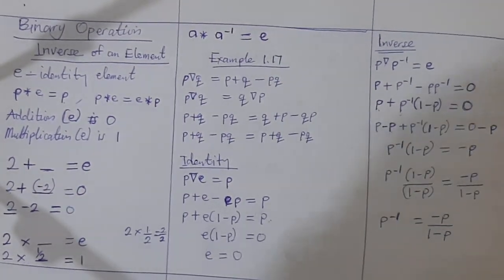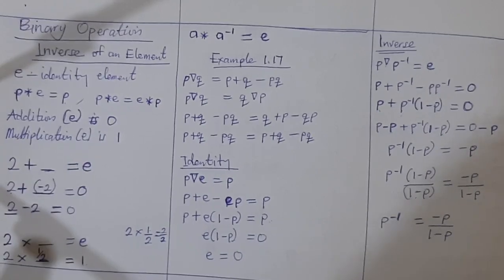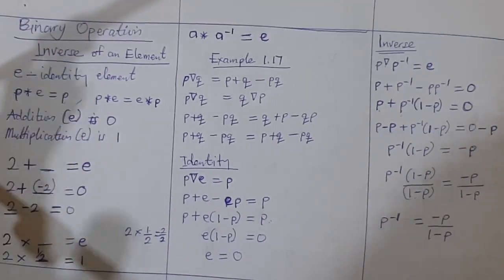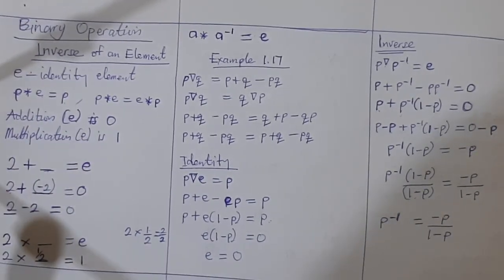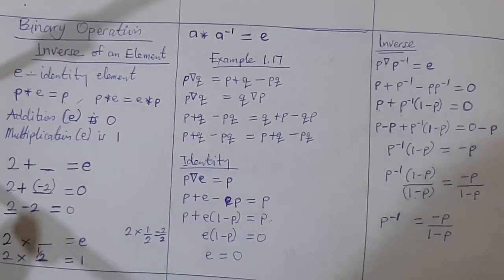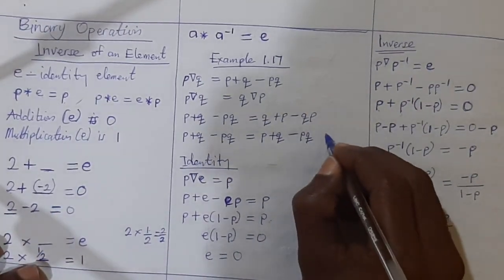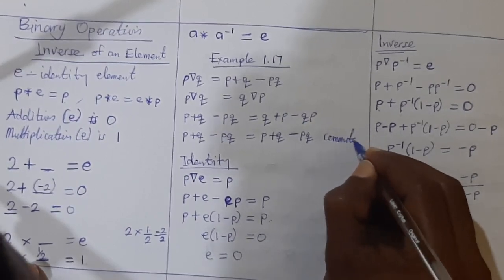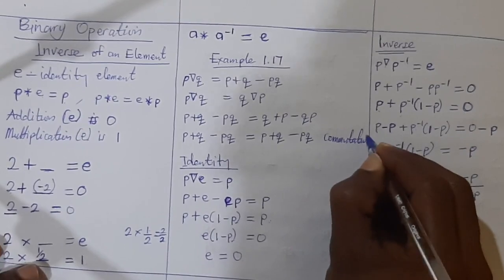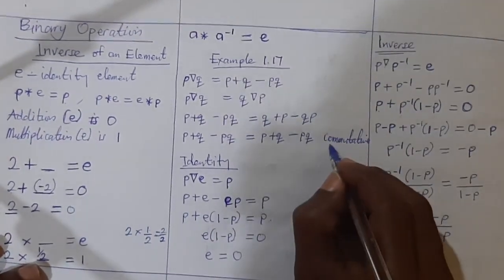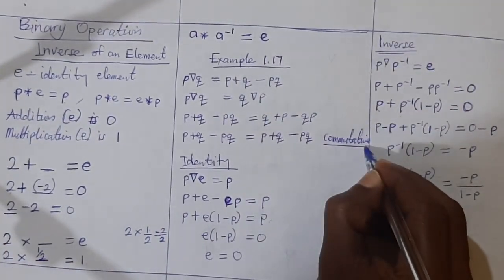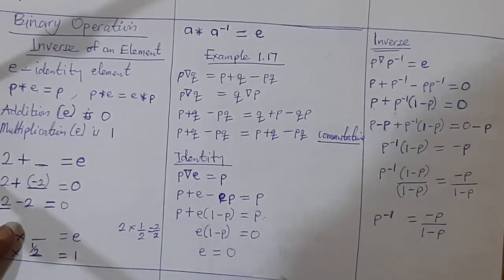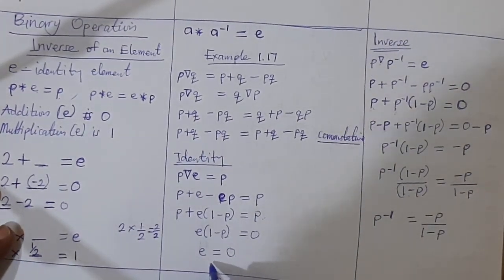The identity element, we have said, is only possible if the operation is commutative. So you first have to establish the concept of commutative. Now if you prove that the operation is commutative, then you can prove for the identity element.